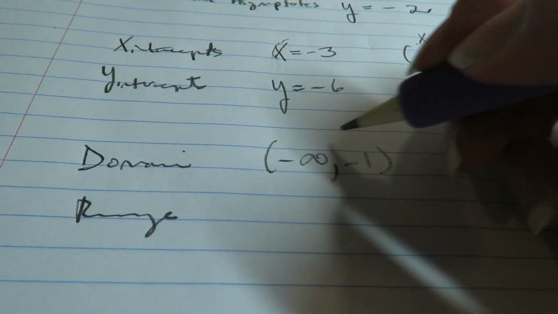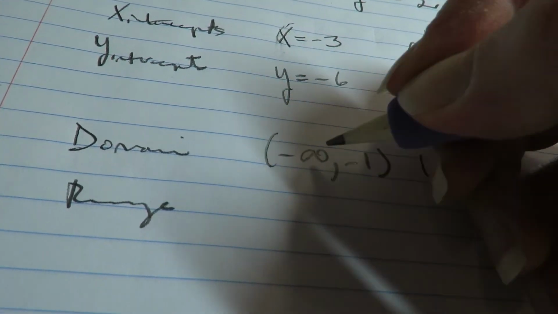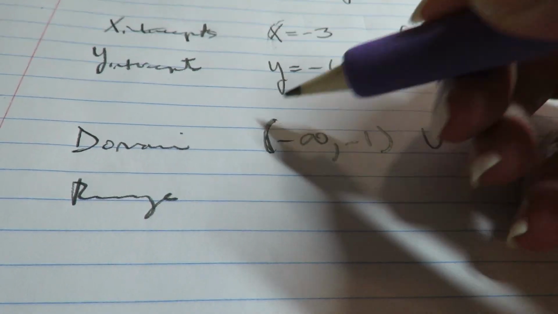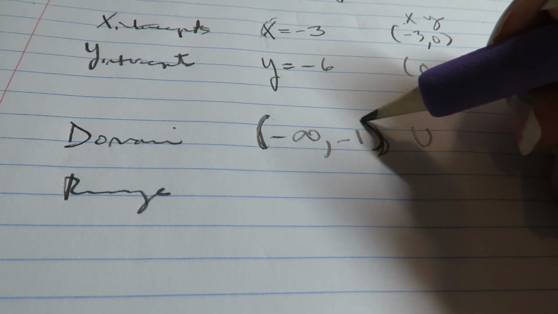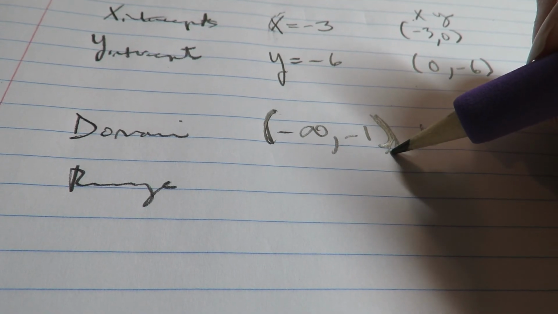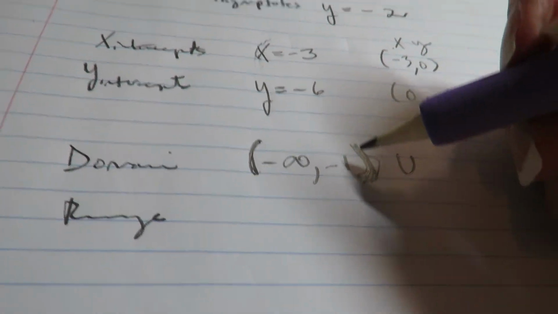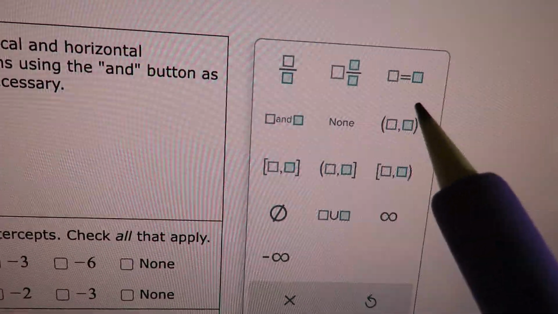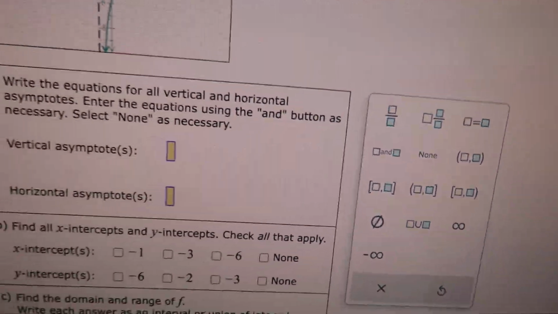You have to be open on both sides because -infinity is conceptual. It's not an exact point, so the infinities are always open. And you're not actually allowed to include -1 because there's a vertical asymptote there, so you have to use parentheses and not square brackets. You would use parentheses on both sides here.